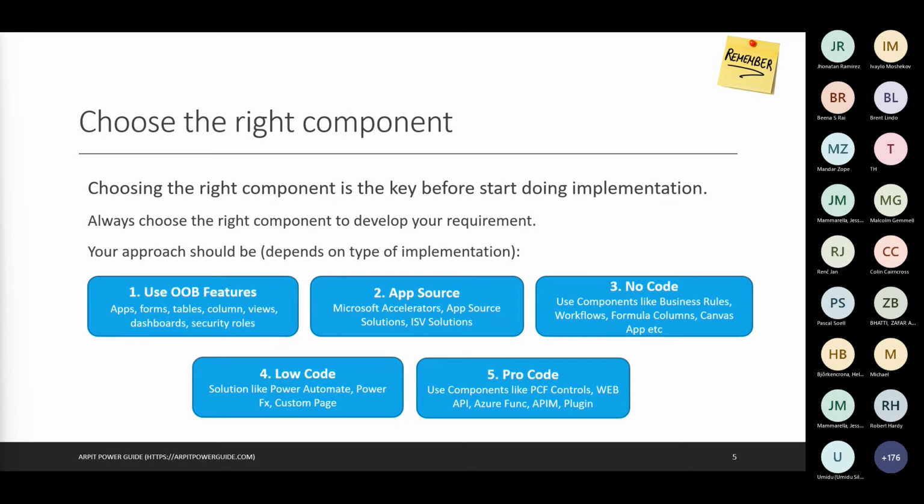And at last, we can go with pro code, obviously. If any of the things is not fitting your requirement, then definitely Microsoft has given a lot of ways to design your own components. So you can write your pro code. You can design your PCF controls, custom controls, and web APIs. You can design your own C# applications, your own Windows applications, Azure functions, API management services, and plugins, obviously.